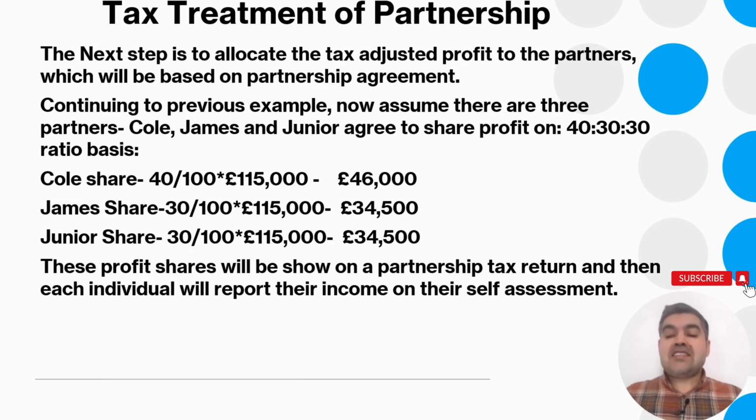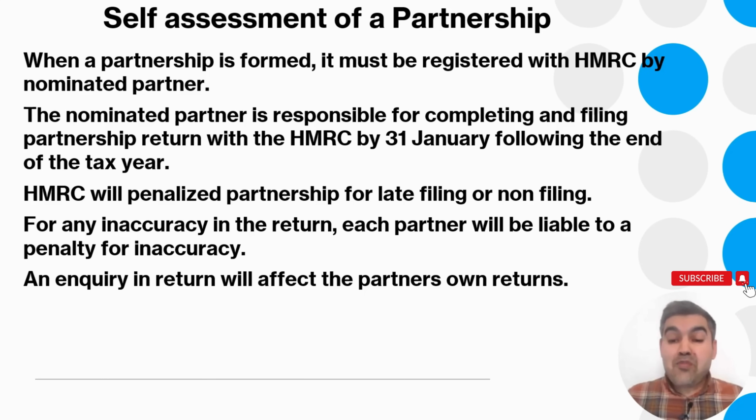So how easy is that? Work out the tax adjusted profit. In the exam, you have to make plenty of adjustments and then allocate the profit to each individual based on the profit sharing ratio. This profit share will show on the partnership tax return, and each individual will report their income on their self-assessment. Very important from an exam perspective and from a practical point of view.